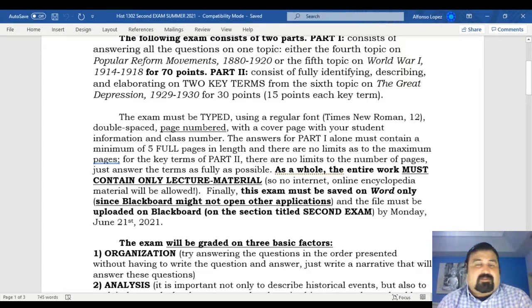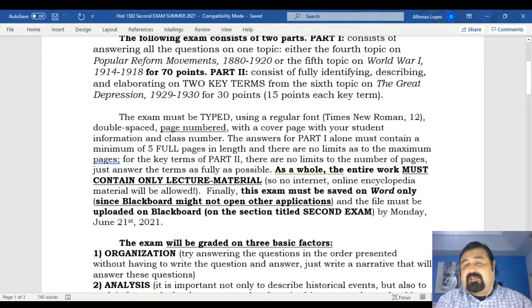Again, this is critical. If you want to pass this class, just concern yourself with the lecture material and nothing else. So refrain from using any outside material, no internet or outside sources like encyclopedias or articles and so on. You don't need that.